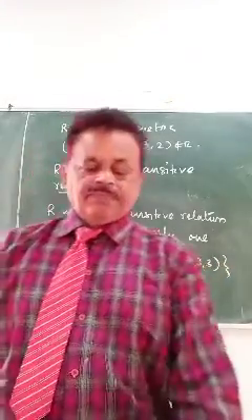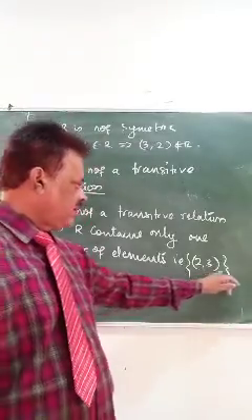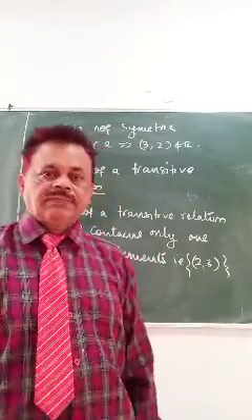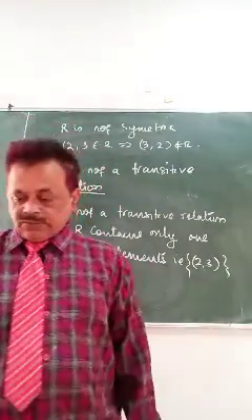Minimum 3 pairs you need here to have a transitive relation. Okay, this is about this.